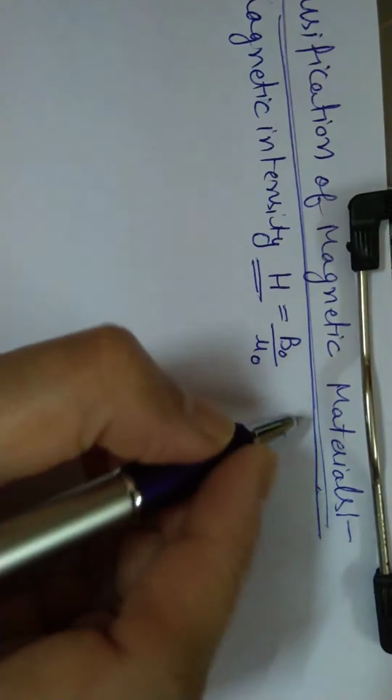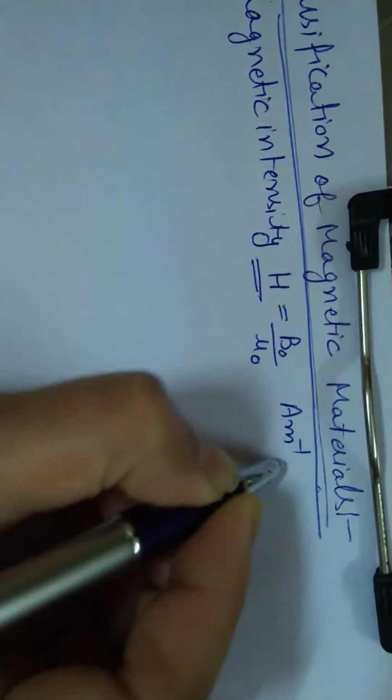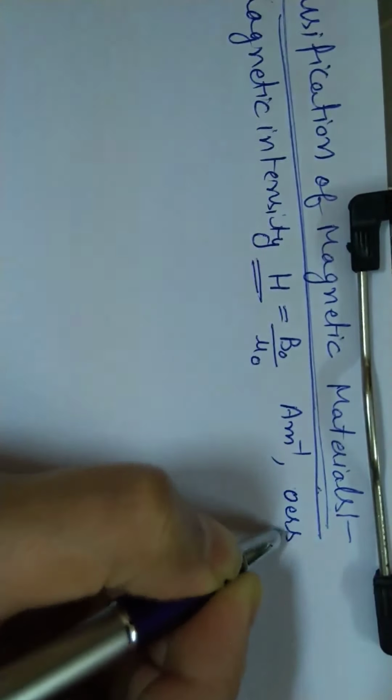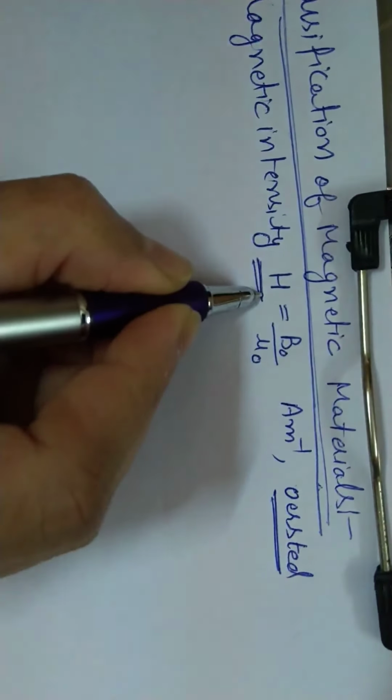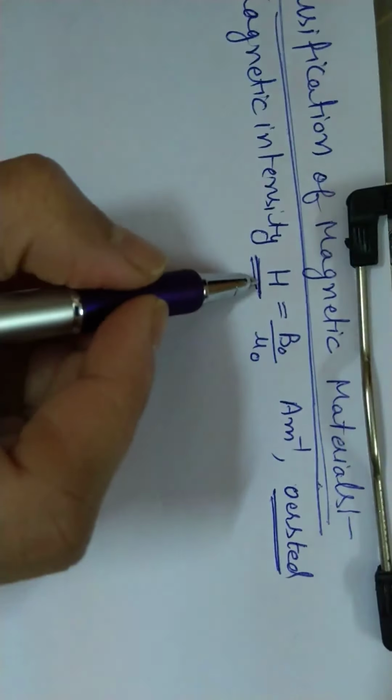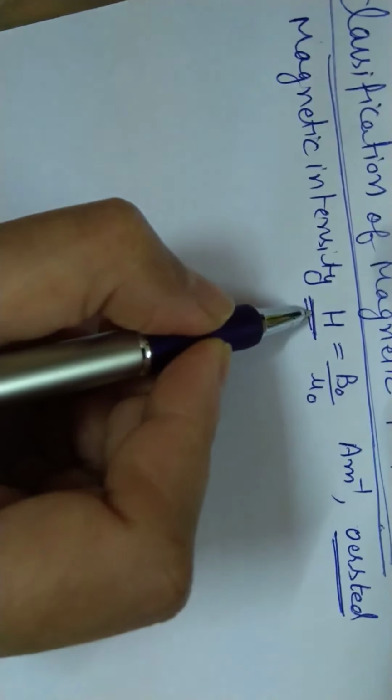It is measured in ampere per meter and oersted, which is the older unit for measuring magnetic intensity H. It is also called the H field or magnetizing field.